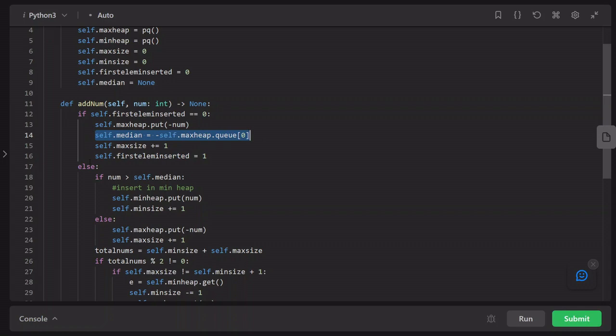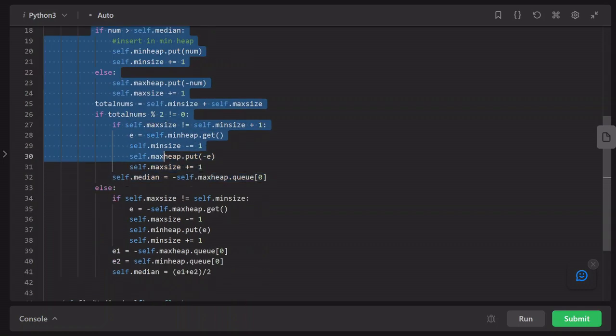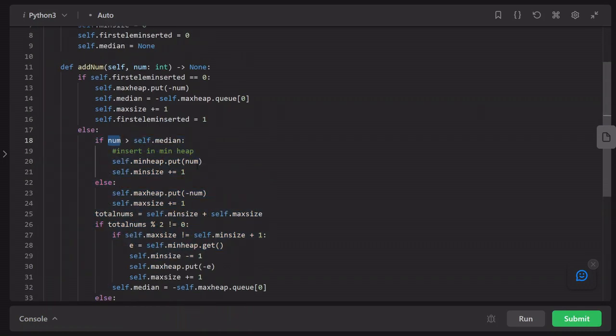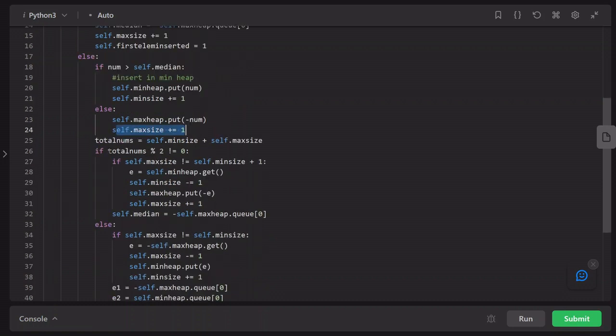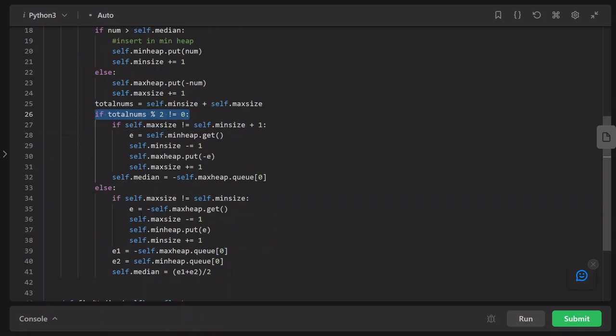Now the second insertion comes, it goes to the else part. Here it sees whether the number is greater than the median. If the number is greater than the median, it goes to the min heap. If the number is smaller than the median, it goes to the max heap, and we increment the size of the min heap and max heap respectively. Then we find the total number of elements in both heaps.